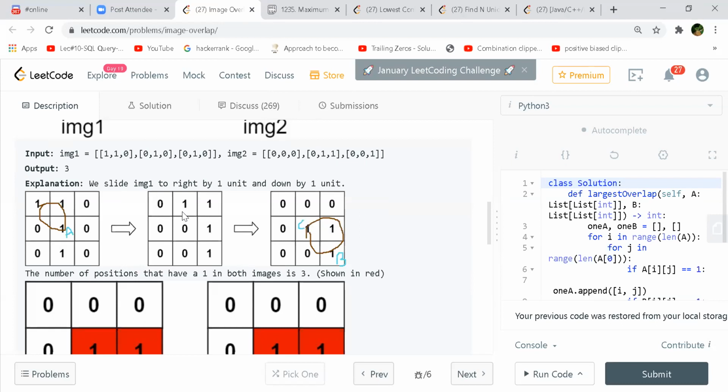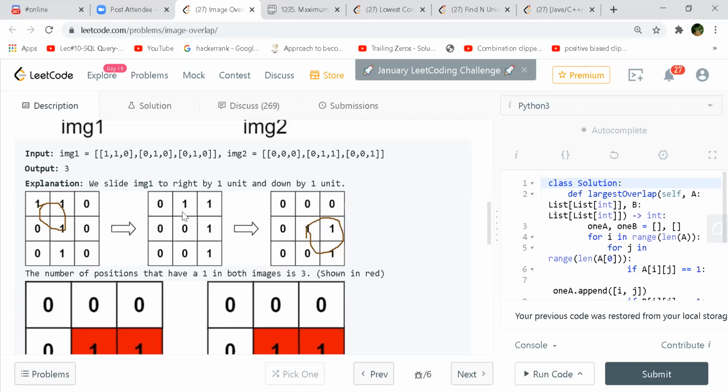So you'll have to do a difference from here to here everywhere. So in that case, it will be too much computation. It might work, but it will be too much work.